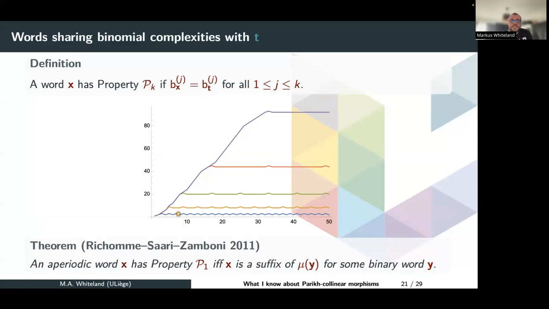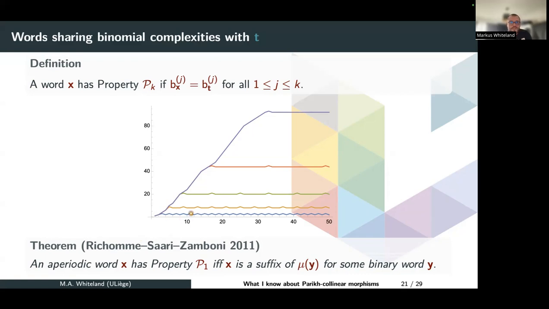So here we're essentially assuming that the binomial complexity functions up to some parameter k look like the Thue-Morse ones.